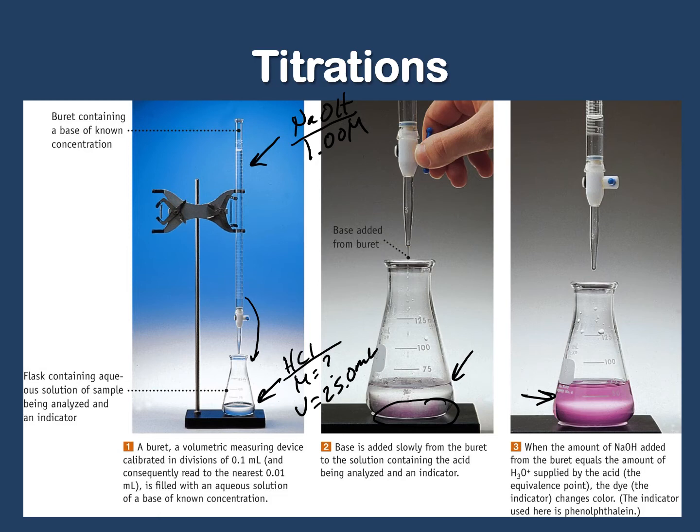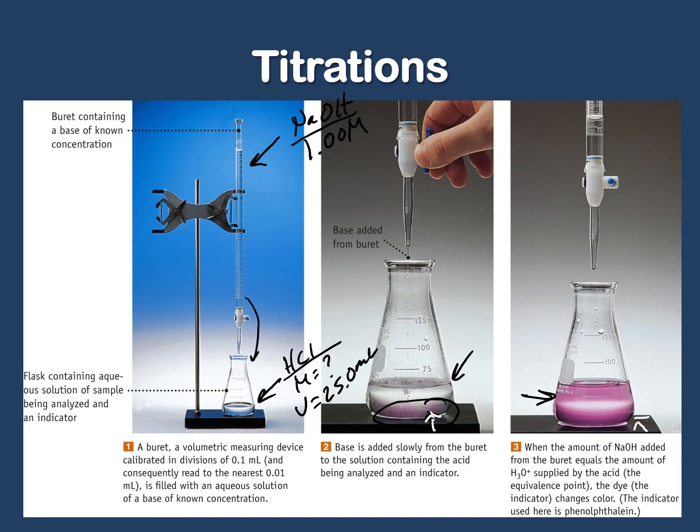So as we add the NaOH, it reacts with the HCl. The HCl starts to go away. As we continue to add NaOH, the solution starts to turn pink, right? Now, after a while, that pink color sticks around and stays there. And so once we see this visual pink indication that the reaction has ended, we stop.